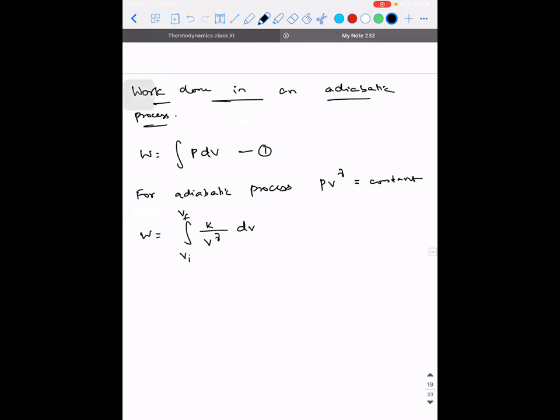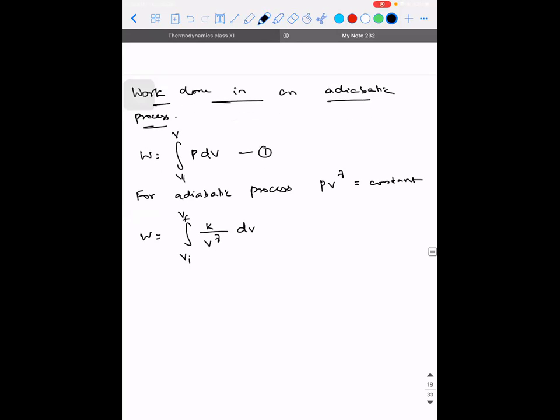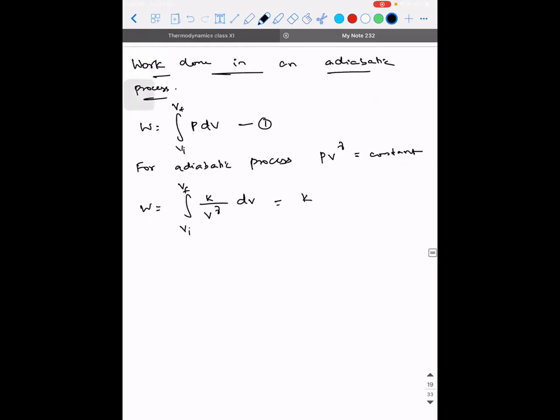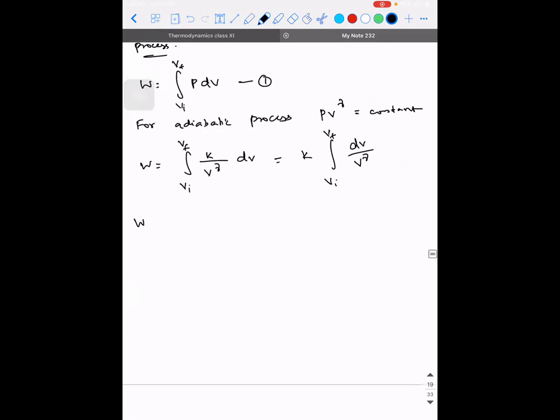So work done will be equal to K into the integral of dV by V power gamma from Vi to V final, which is K into the integral of V power minus gamma into dV.